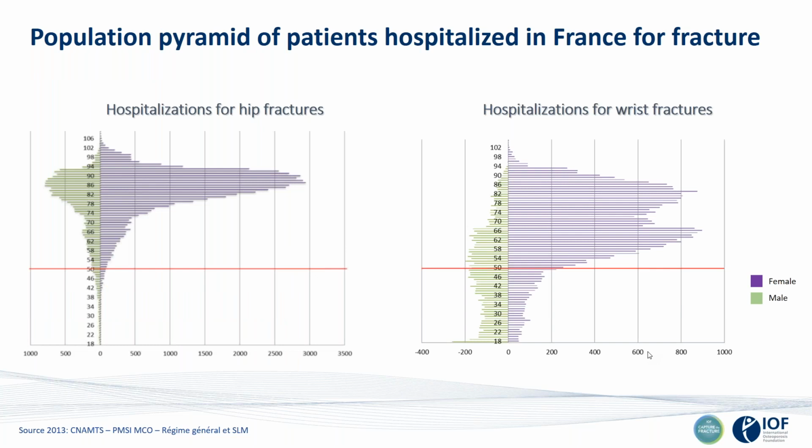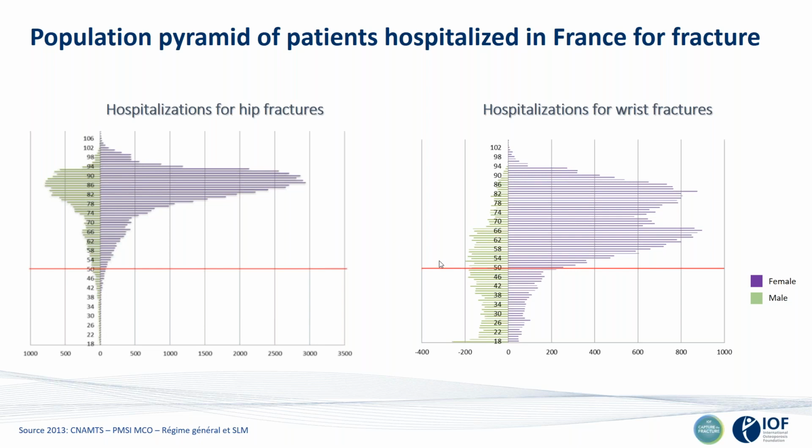Age is a very simple risk to assess, of course, but it is important to keep that in mind, especially depending on the location of the fracture and depending on the gender of the patient.